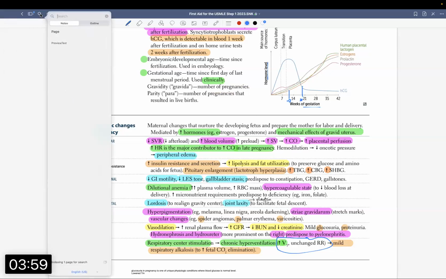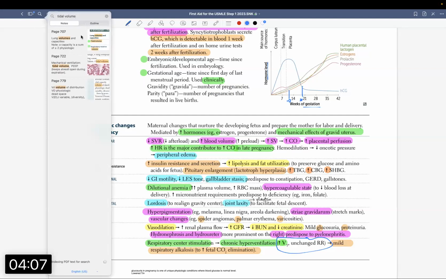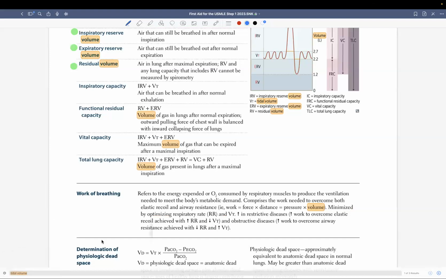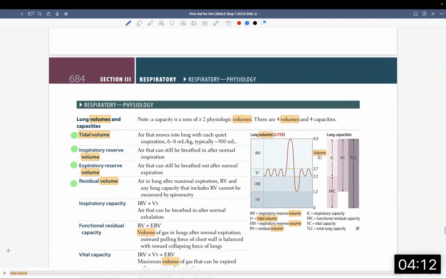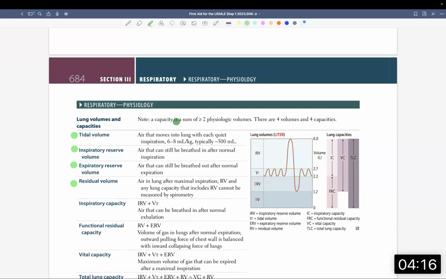So going back, we were doing the tidal volume. With pregnancy, tidal volume will go up. What is tidal volume? The air that moves into the lung with each quiet inspiration. So this tidal volume is going up in pregnancy.